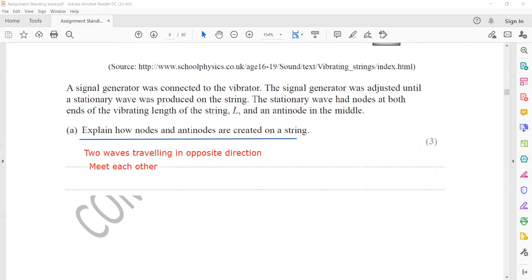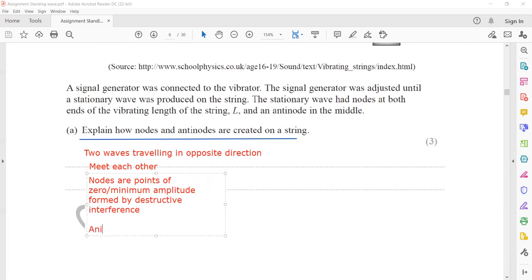Then nodes are the points of zero or minimum amplitude formed by destructive interference, and antinodes are points of maximum amplitude formed by constructive interference.